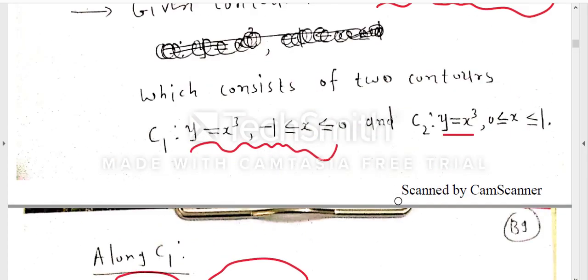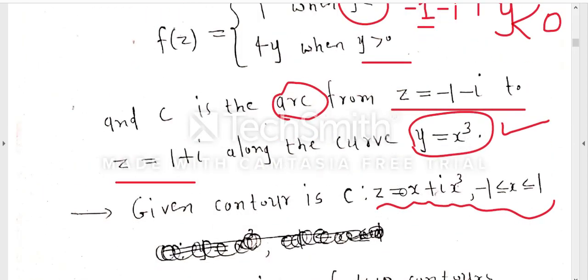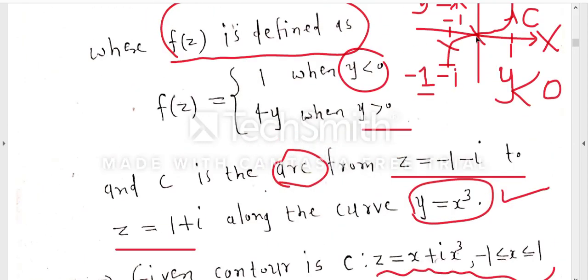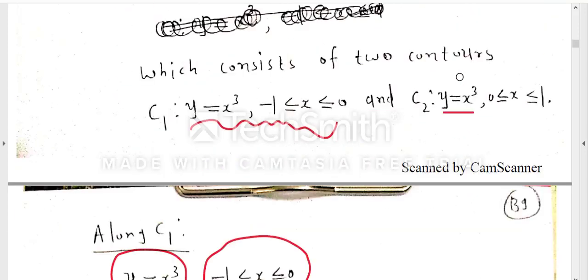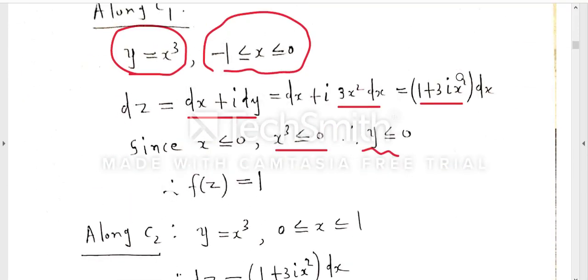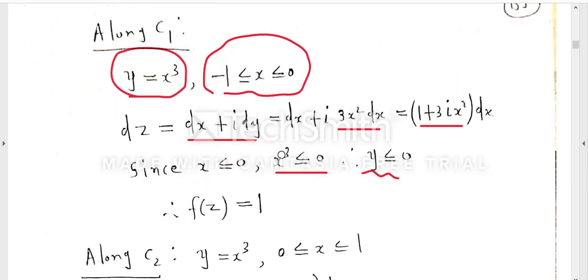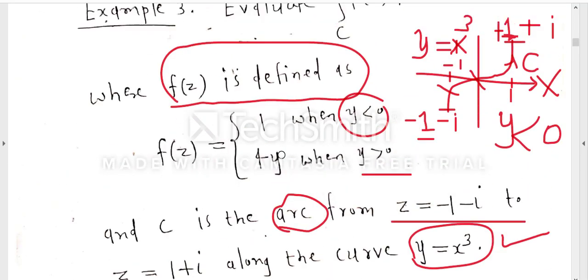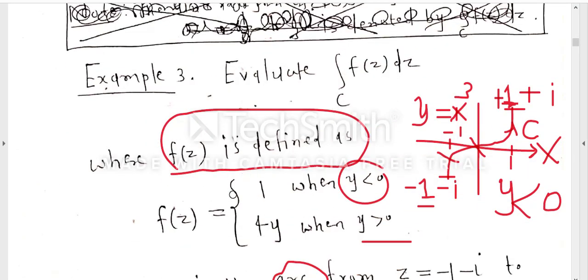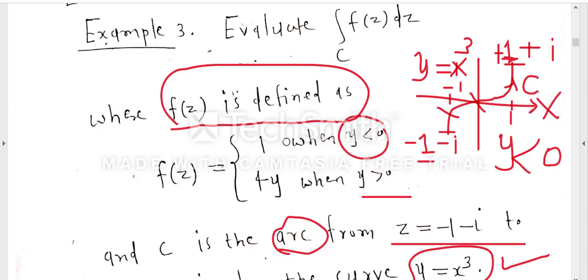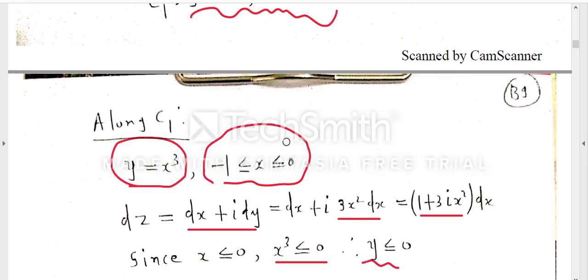It is obvious that if we are on C1, then we are below the x-axis, and below the x-axis y is negative. It is given that when y is negative, the value of the function is 1. So we take f of z equal to 1 along C1.